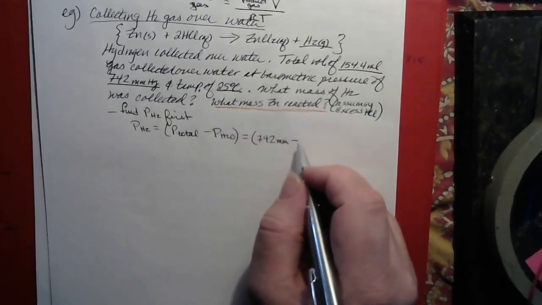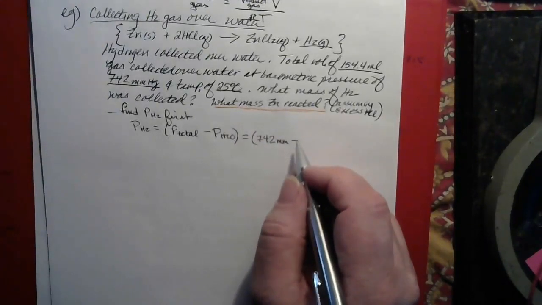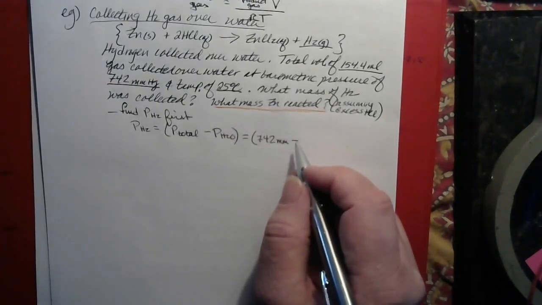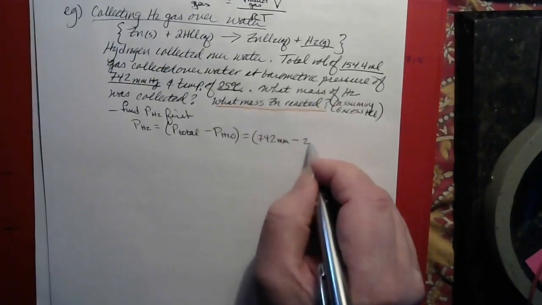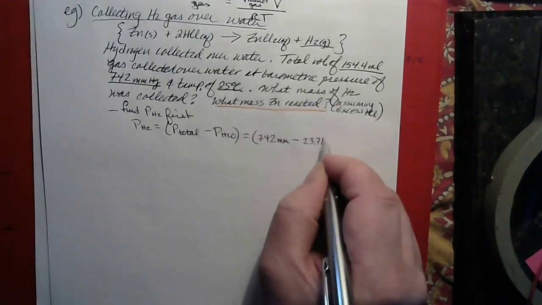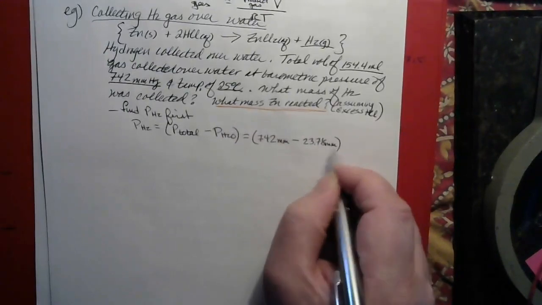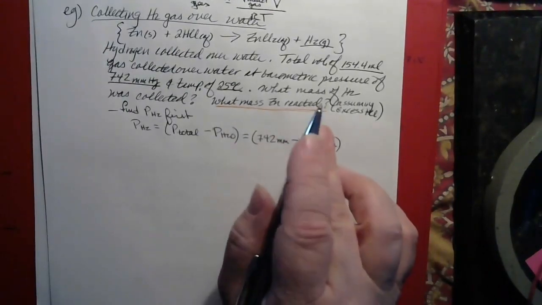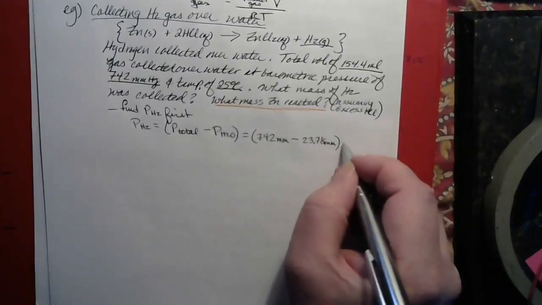And the partial pressure of water, which you can find in any number of tables, you could probably even Google partial pressure or vapor pressure of water and find a table. It's 23.78 millimeters of mercury at 25 degrees Celsius.